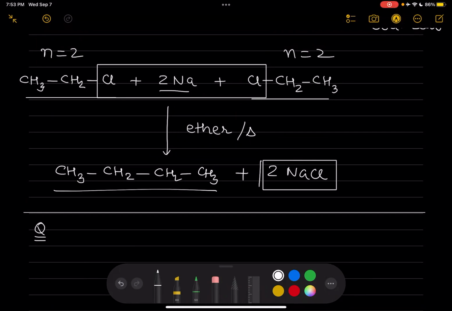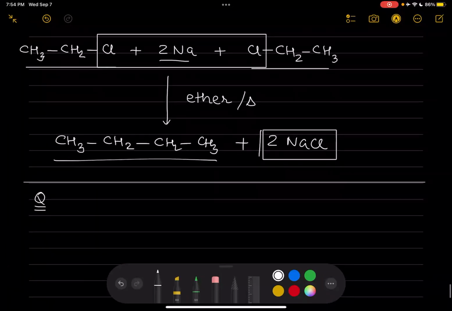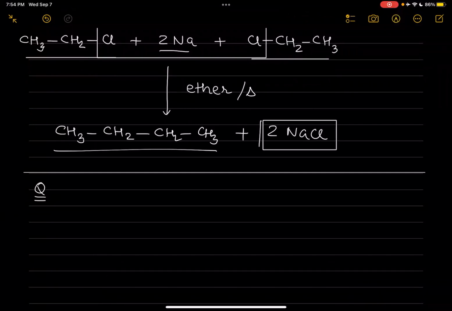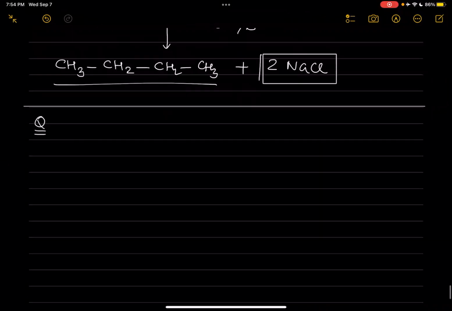And when you heated them with the sodium, the halide got removed and both the alkyl groups joined together. So the final alkane had 4 carbon atoms. So whenever you want to double the size of the alkyl halide, think of the Wurtz reaction. Is it clear?